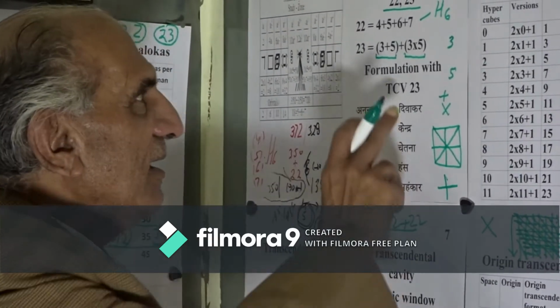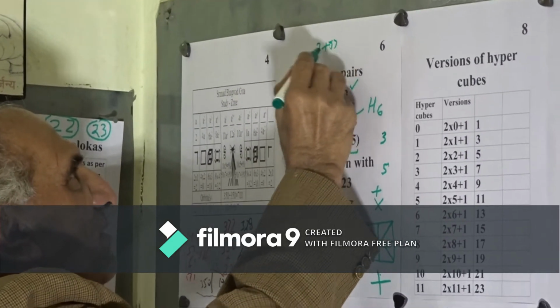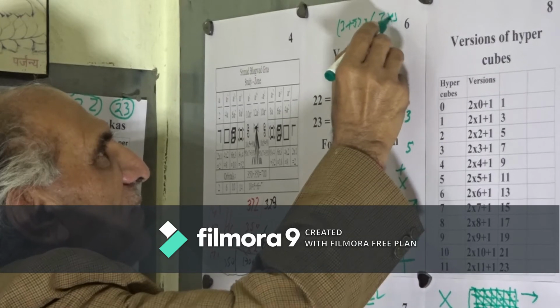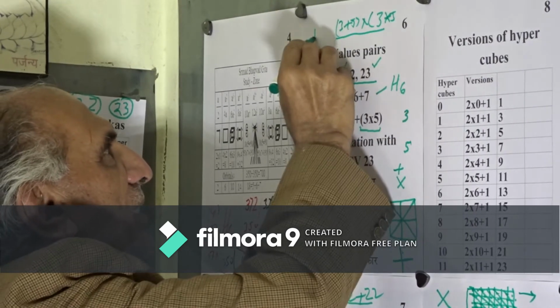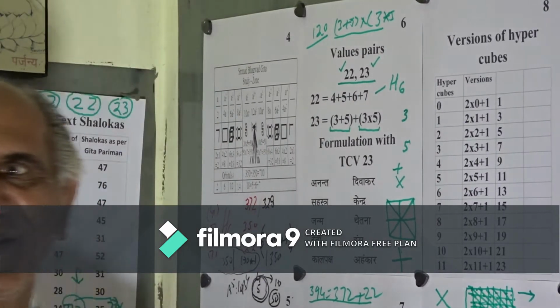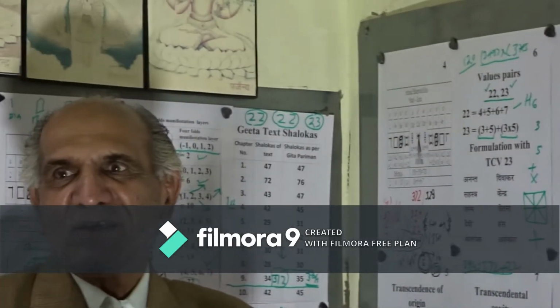And this then also will make available 3 plus 5 multiplied by 3 multiplied by 5. It will become 120. Ultimate organization format is going to be of 120 units.